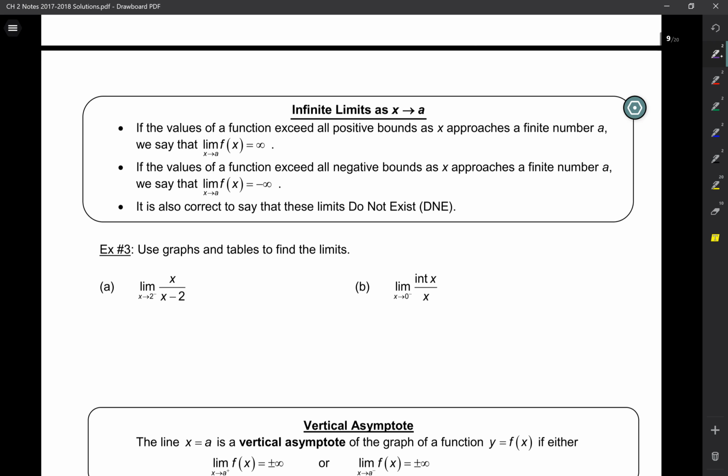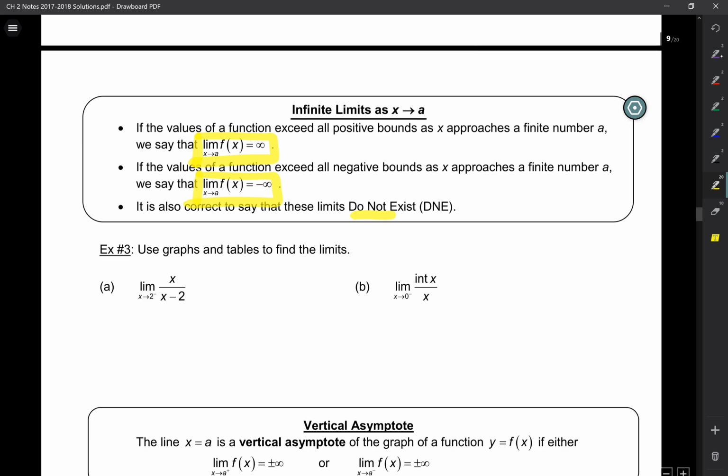So that was limits as x approaches infinity. Now let's talk about when x approaches a constant, if you have infinite limits. If when x approaches a number, the function goes up to positive infinity or down to negative infinity, we say the limit of f of x as x approaches a is infinity or negative infinity.